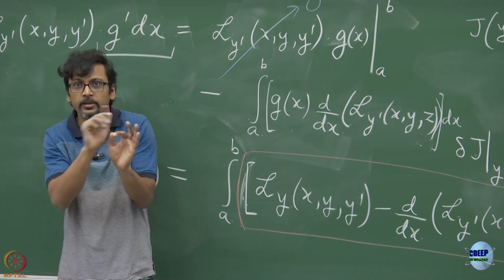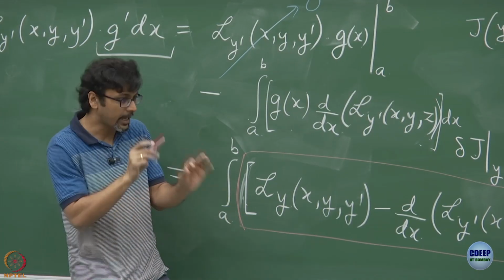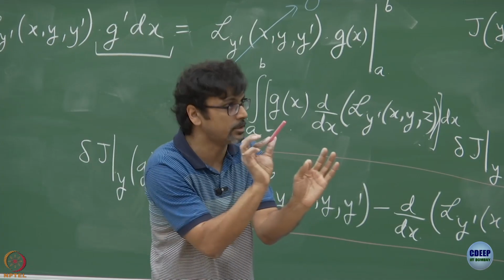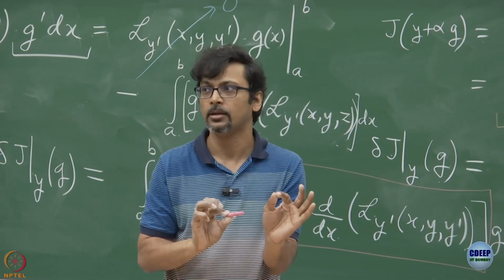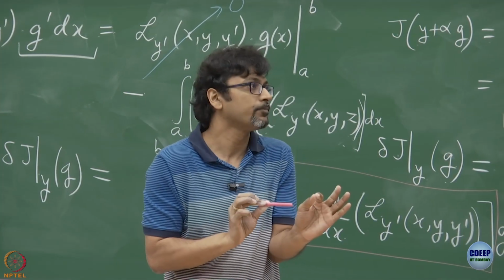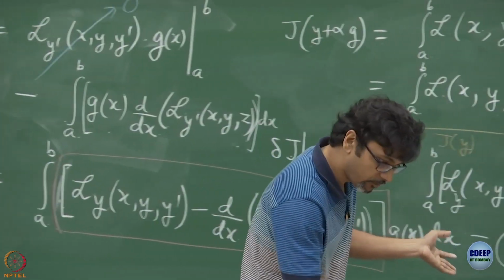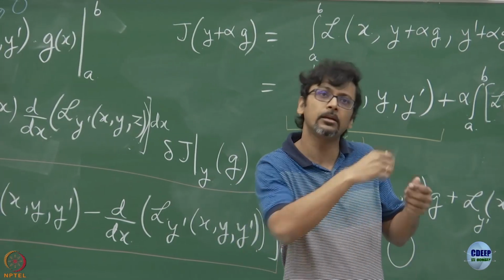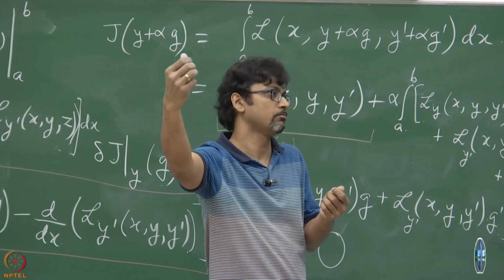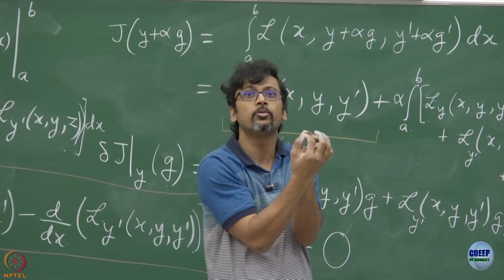Not a global condition over the entire path, but a condition that has to be satisfied at every point of that optimal curve, and that is relatively easier to check. This is always true of differential and integral constraints. Integral constraints are like path constraints. Differential constraints are like pointwise constraints.